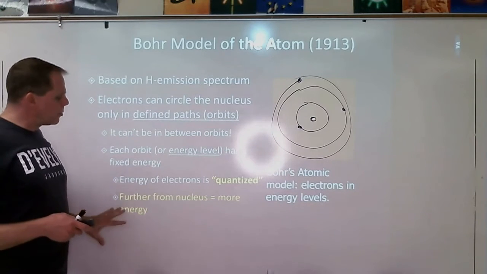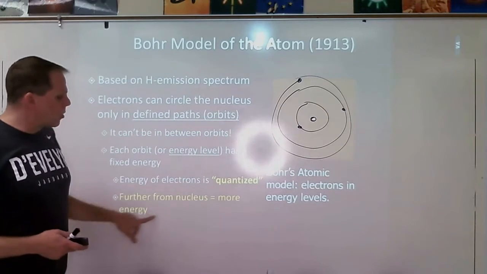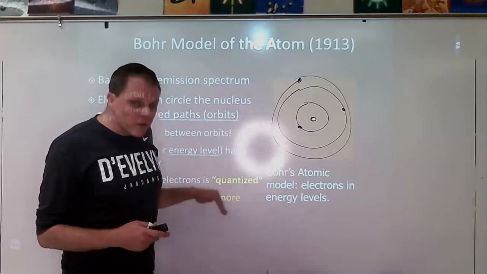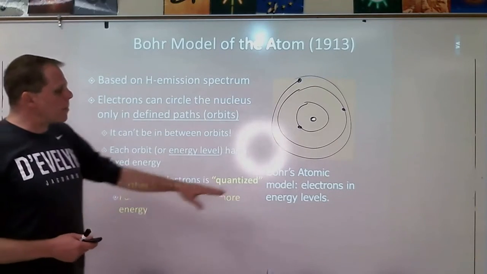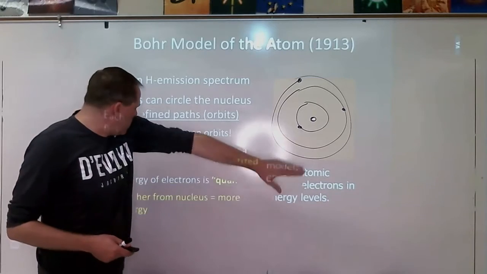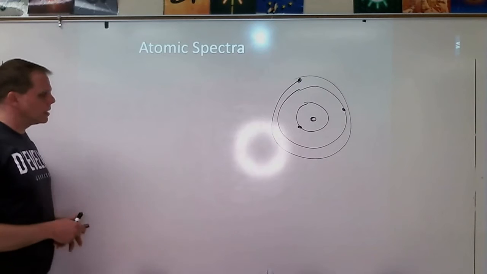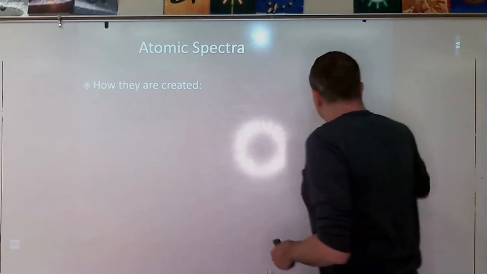He realized that the further out they are from the nucleus, the more energy would be required to keep them there. If I want them to jump further away, it would take even more energy than to jump them closer, right? So he came up with this atomic model that put the electrons in various different energy levels. All right, so how do we create these atomic spectra?